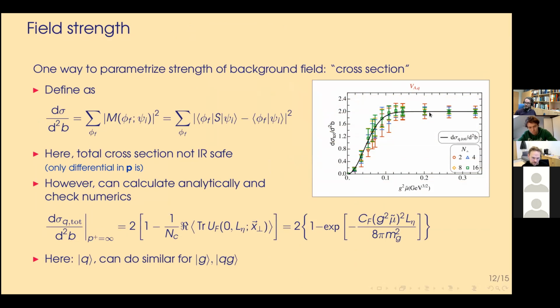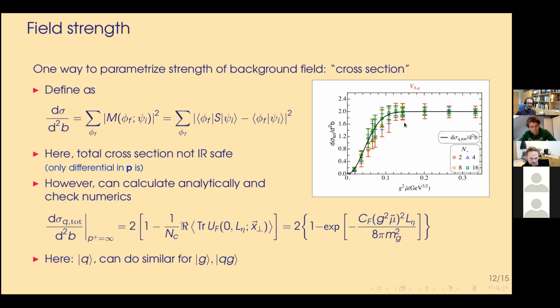And when you go to this stronger field, after the scattering, to some extent, of course, the quark has lost its momentum. It has gone to a different momentum state also. But because this is this infrared unsafe total cross section, most of the cross section here is actually the quark not getting any momentum but changing its color.